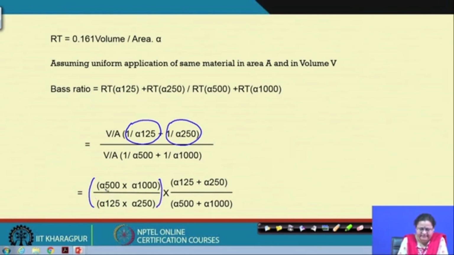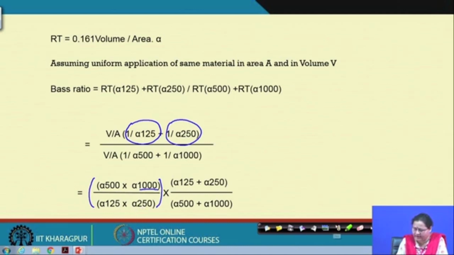So, you see it is multiplied by alpha 500 or the absorption coefficient at frequency 500 into alpha 1000, that is absorption coefficient of frequency 1000 divided by alpha 125 and alpha 250.